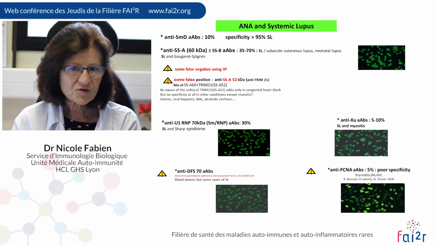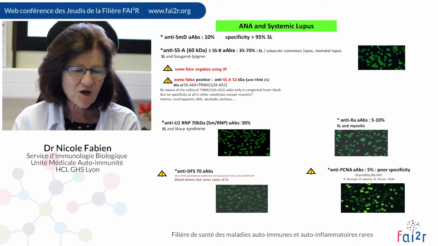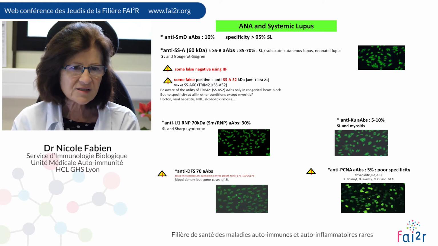Here are two pitfalls. With some HEp-2 cells, you know, we have some false negatives. So when you ask for anti-SSA, be sure that the laboratory makes an identification technique, because you can have false negatives.